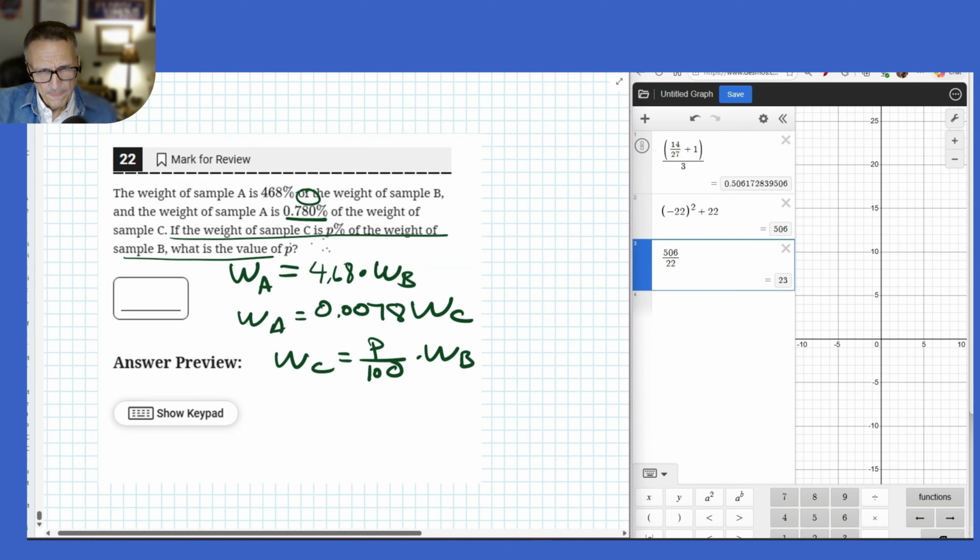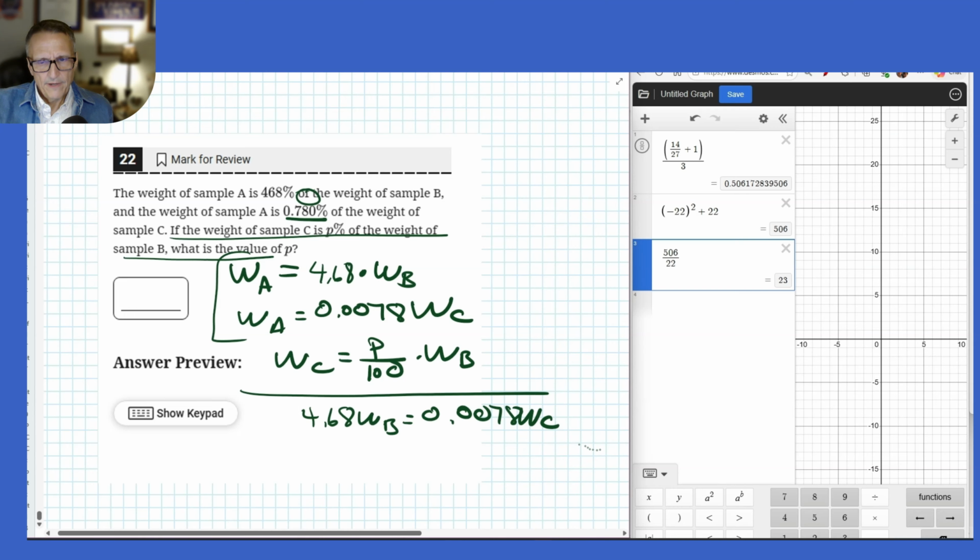So what I'm going to do, first of all, I can notice that I can set those 2 equations equal to each other because they're both equal to the weight of sample A. So therefore, the first thing I'm going to do is equate that. 4.68 times weight of B is equal to 0.0078 weight of C. Well, I'm going to divide by 0.0078 on both sides because I want to know an expression for the weight of C so I could plug it into the third equation.